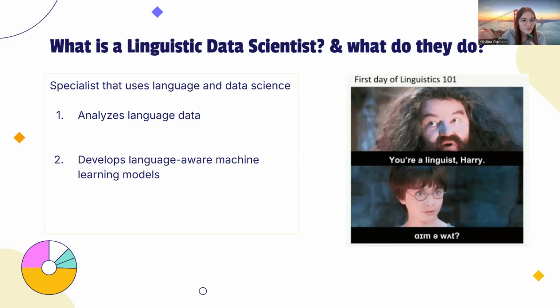Another thing that they do is develop language-aware machine learning models, which I think is really interesting. Part of this is they work with speech recognition and translation apps, as well as chatbots. Right now, it's becoming more common and popular to use apps and websites to help people learn language.